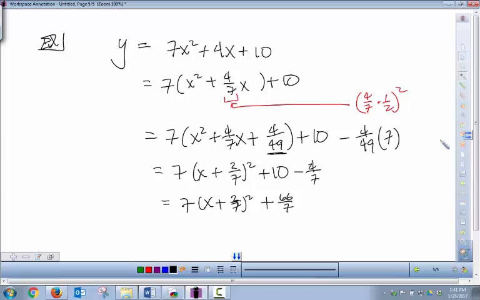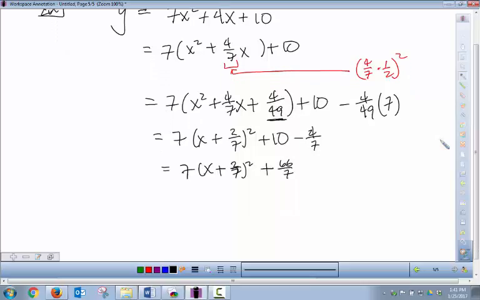The 66 over 7. All right. Now it's in that form where we can easily pick out the vertex.